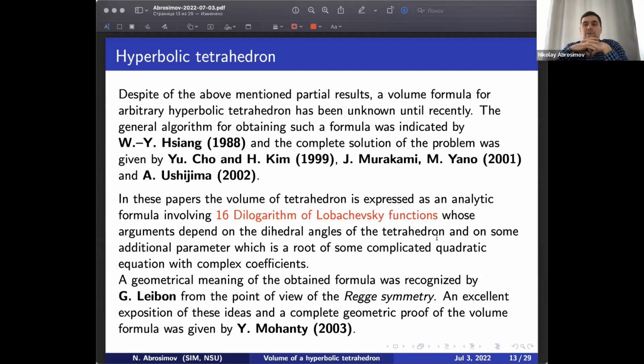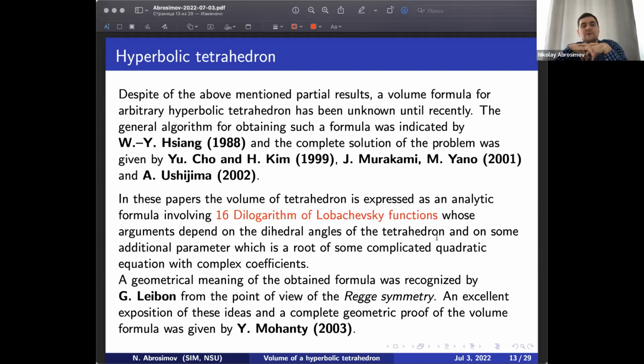Another formula from another method was obtained by Murakami and Yano in 2001. And then Ushijima found a geometrical proof for the Murakami-Yano formula, which also covers the case of truncated tetrahedron.